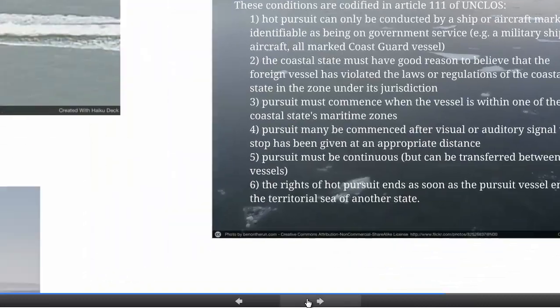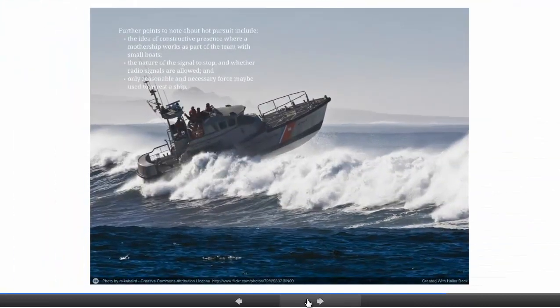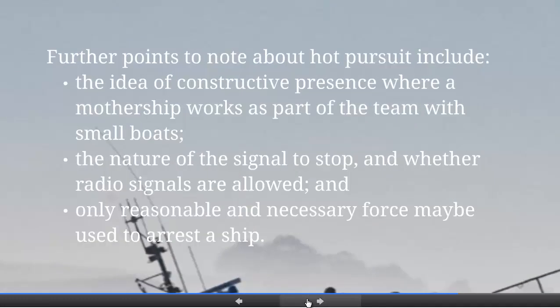Now, there are a couple of points to note here. One that I want to draw attention to is the idea of constructive presence, which we've discussed to some extent in relation to the contiguous zone. So this is the idea that you can have a mothership that sends out small boats, or where small boats come out from coastal state jurisdiction to interact as a team with a mothership.